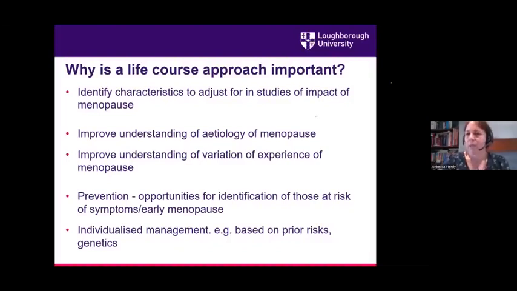Certainly in the field of cancer treatment, in breast cancer treatment, this is being realized. But in terms of menopause, we're not there yet. We don't have the extent of research or evidence, but it does open up that possibility. And at least we can consider our prior risks. If we understand what our prior risk factors are saying, whether we're more at risk of cardiovascular disease or breast cancer, then we can make more informed decisions.